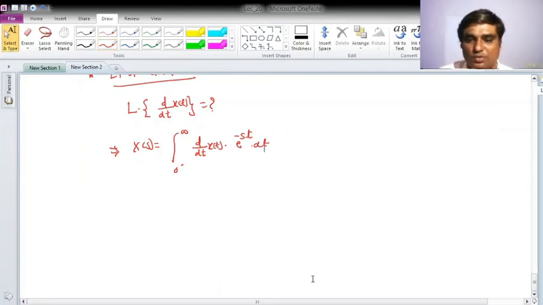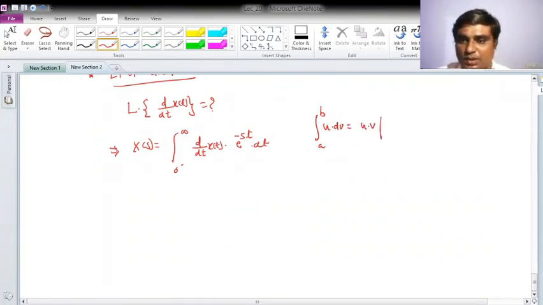Now here I will use integration by parts. What is that? The integral from a to b of u dv can be solved as u into v from a to b minus the integral from a to b of v du.